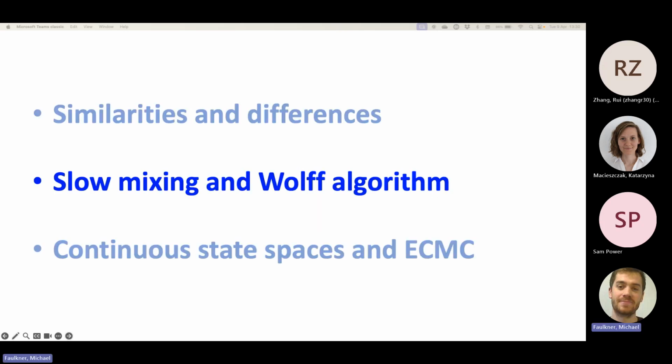Okay, so I touched on slow mixing there, when this multimodality develops at low temperature. I'm going to showcase that through the 2D Ising model, which I'm going to define properly, and then I'll use this as a motivation for the Wolff algorithm, because the slow mixing happens under Metropolis dynamics.